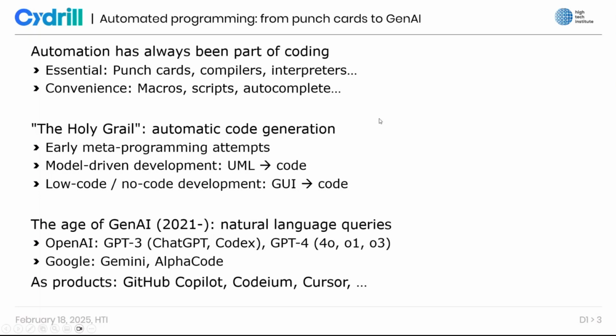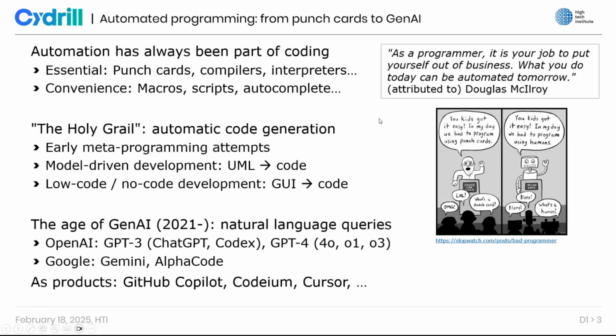Now, of course, if you ask a programmer, what they really want is to make themselves redundant, which sounds a little bit ironic, but yes, this is actually one of the famous quotes from the prominent Unix developer, Douglas McIlroy, who said that as a programmer, our job is to put ourselves out of business because everything is ultimately going to be automated. And this cartoon below is trying to transpose this saying, in a maybe sarcastic way, into the modern AI-driven software development world.